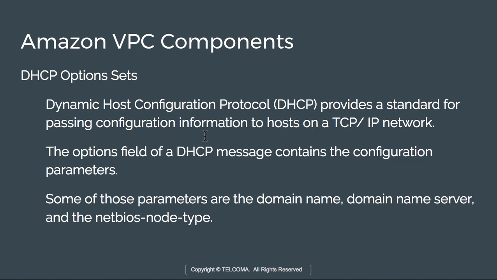AWS automatically creates and associates a DHCP option set for Amazon Virtual Private Cloud. Upon creation, that means whenever we create a virtual private cloud, it associates a DHCP option set with it. So options: DNS and domain name. Domain name is as per the region.